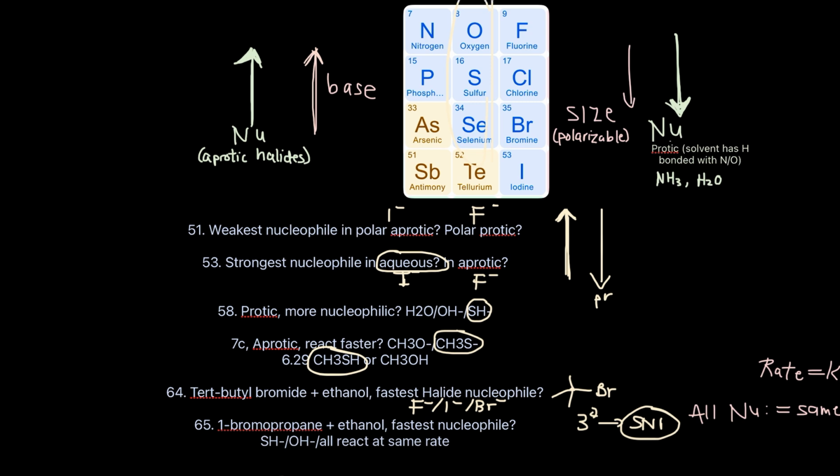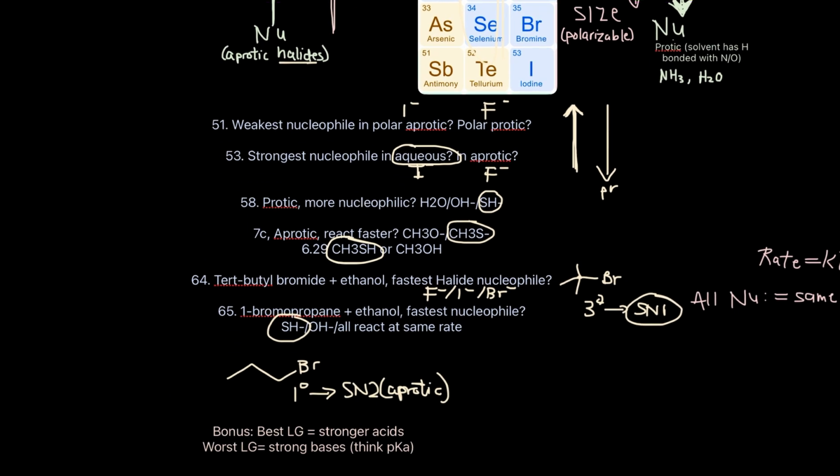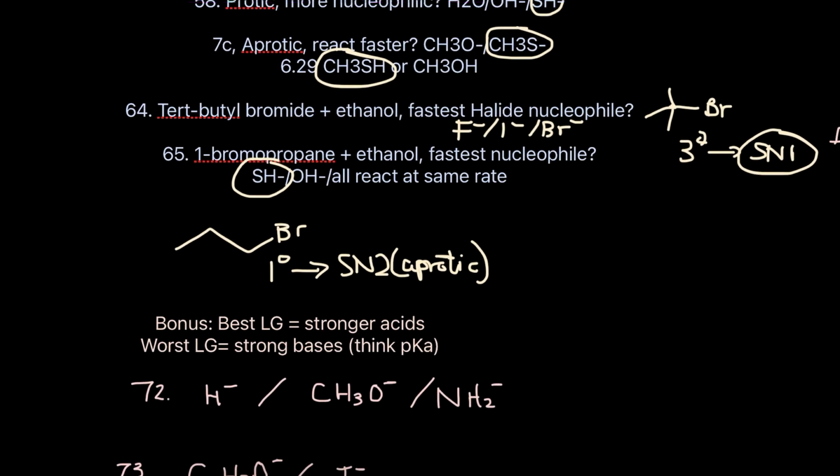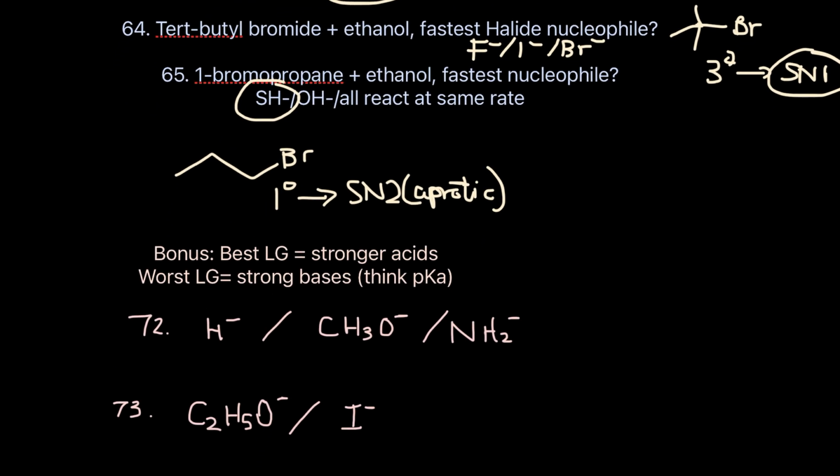But because you got your options between O and SH, the answer is once again going to be SH, because this arrow direction for nucleophilic strength and aprotic only applies to the halides, okay? So the S, the sulfur, is going to be the stronger nucleophile than oxygen no matter what solvent it's in. Okay, and both of these would not react at the same rate, because in an SN2 reaction, identity of the nucleophile does matter.